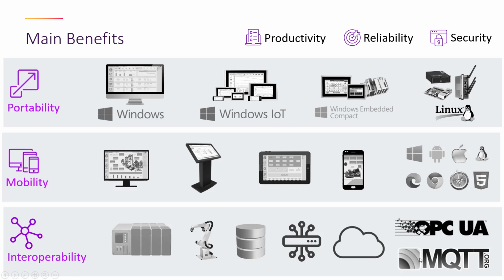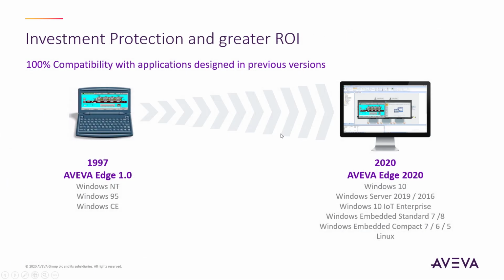We even have, new in version 2020, added Sparkplug B specification support for MQTT as well. So all of this is to help you be more productive, create a higher reliable product, and again with security in mind as well. 100% compatibility with applications created in previous generations of product.